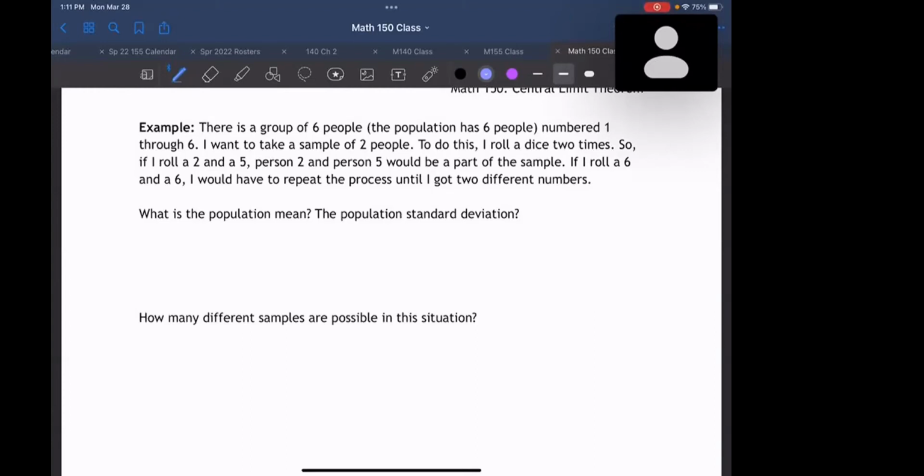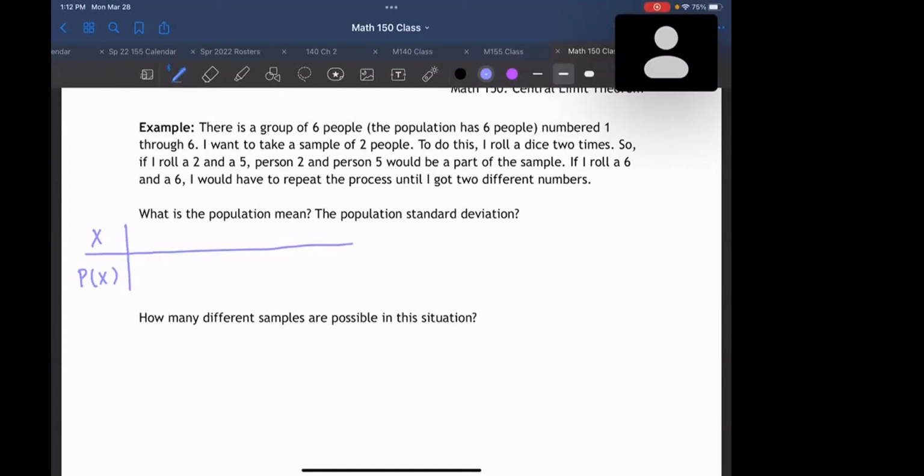Okay. First thing I want to talk about is we're going to deal with the population first, and then we're going to talk about the samples. Population mean. I guess to do that, I would have to do the whole sampling distribution, create that chart of the possible X values and their probabilities, kind of like how we did right before the break.